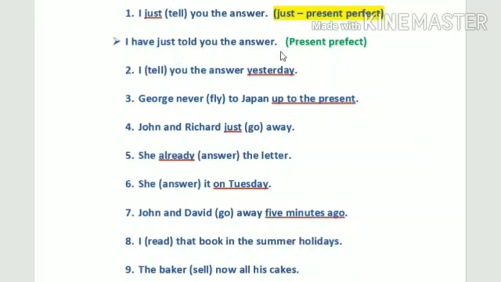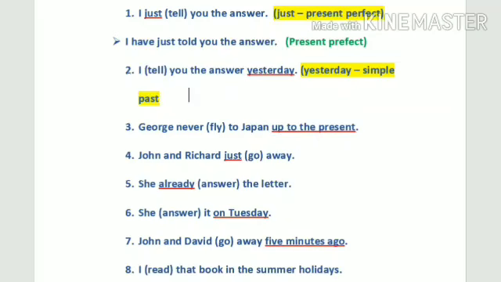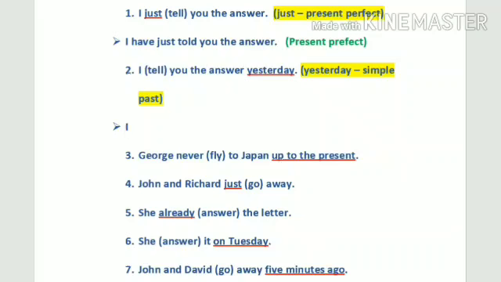Let's look into the next sentence. I tell you the answer yesterday. In this sentence, the adverb yesterday tells us that the action has already finished. It is already completed. That means we have to write it in the simple past tense. So we will write I told.